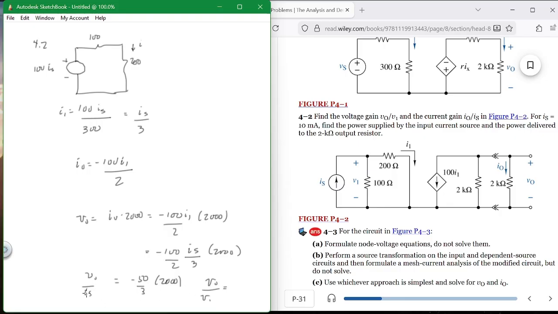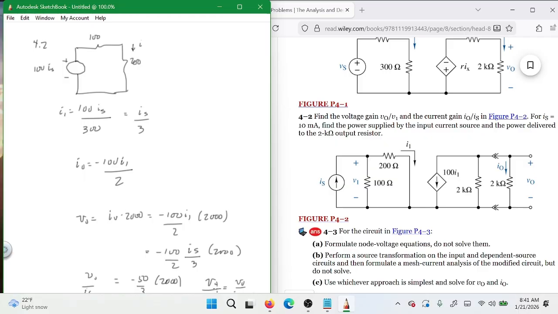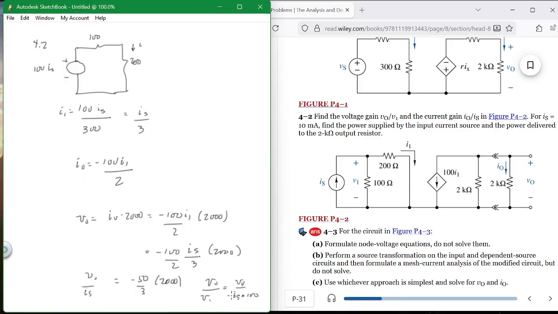So basically, you just put the 100 up. You divide both sides by 100. So V out over V1 is equal to minus 50 over 3 times 2,000 divided by 100. You're done. That's it.